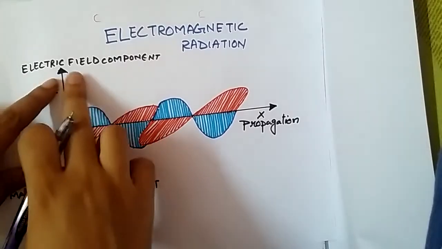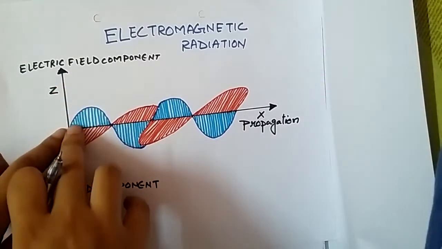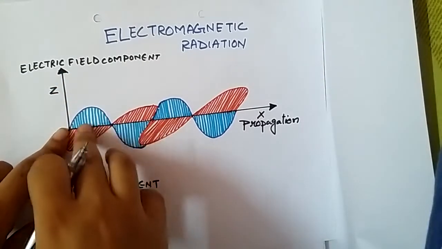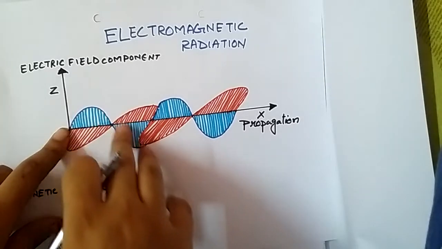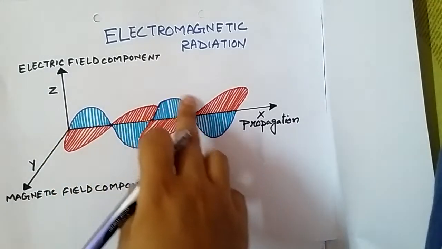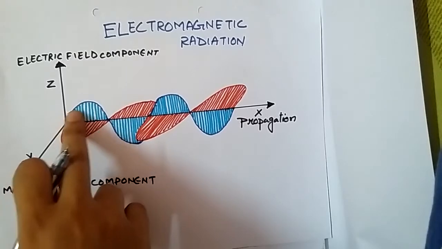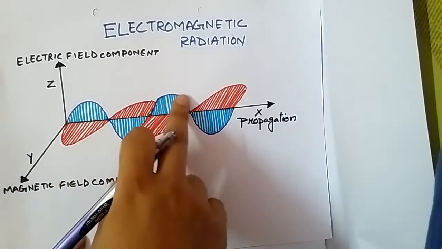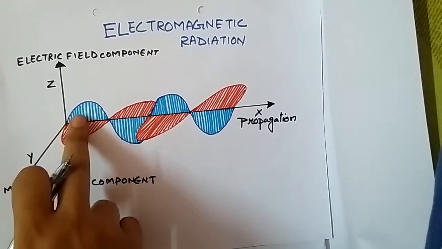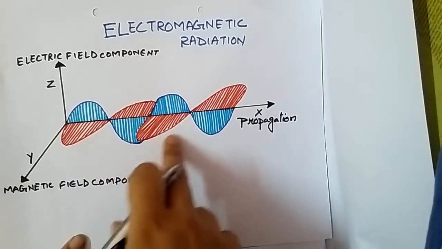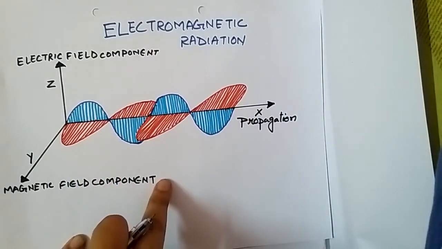So if this is the z-axis, then these waves oscillating about the z-axis vertically, up and down, this is the electric field component, electric waves, and the one along the y-axis is the magnetic field component.